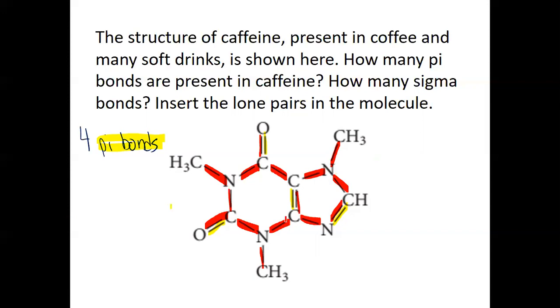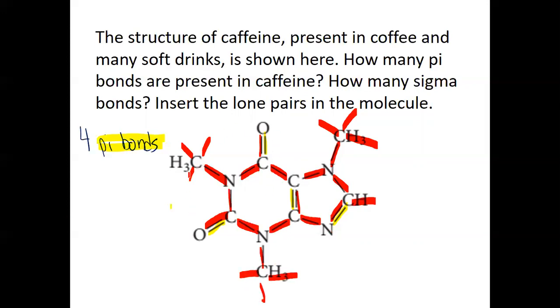But what's tricky about this molecule and how they show the CH3 here and here and then the CH, that actually means that this carbon has 3 hydrogen coming off of it. So that would give us 3 more there and 3 more here and 1 here and then 3 here.